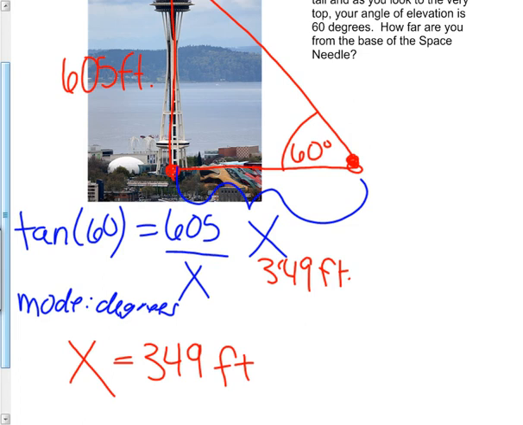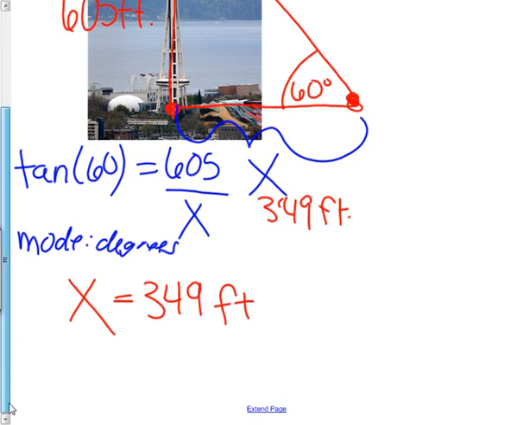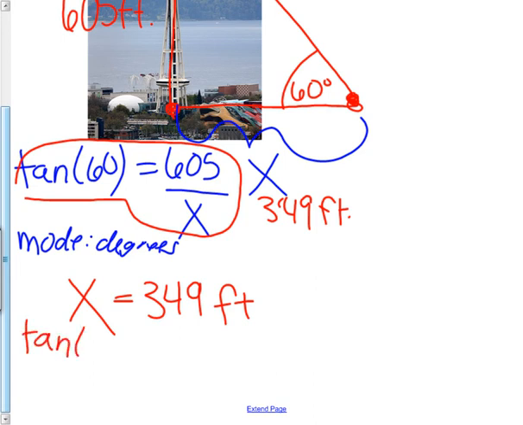Has everyone got it written down? Oh, let's actually go over it, I just skipped a few steps. So we're here, right? That's what we have. How do you get x alone? Multiply by x. Yep, so tangent of 60 times x, to get rid of x here, I multiply.